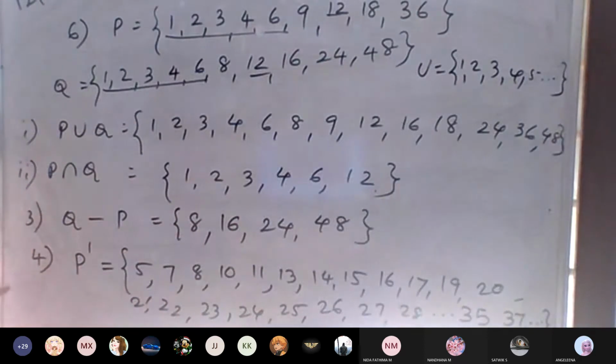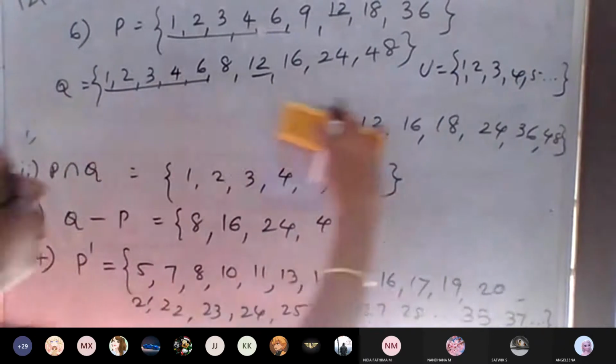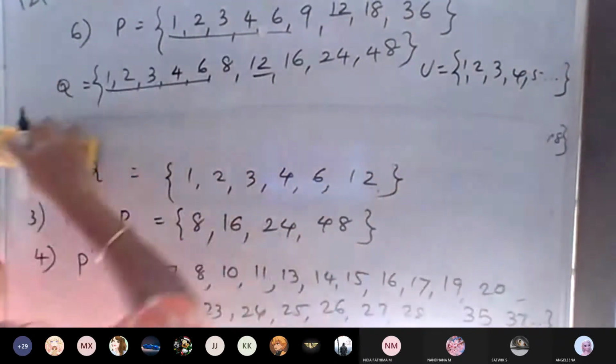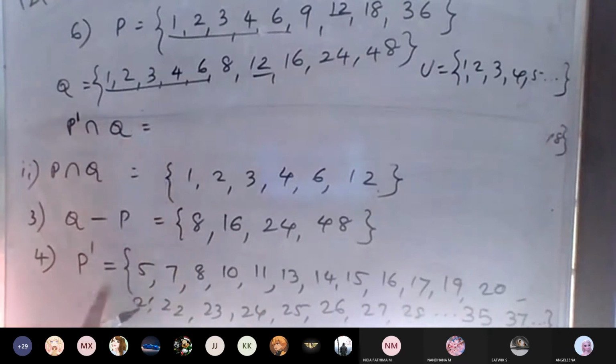Then we need which one? P complement intersection Q. So we have to find out the value of the intersection, no? Understood how to find P complement? Any doubt in this?